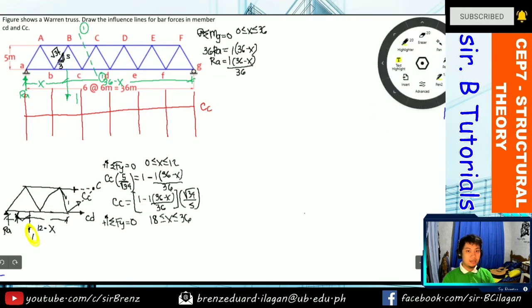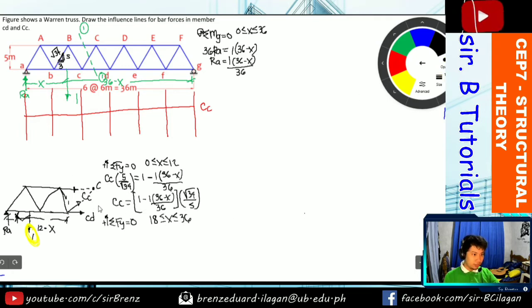So, again, balik tayo dito. Actually, ito lang din naman yun. Tatanggalin nga lang ulit natin yung 1. Or yung CC mo will just be equals to, tanggal si 1, ang matitira na lang is yung RA, which is negative.